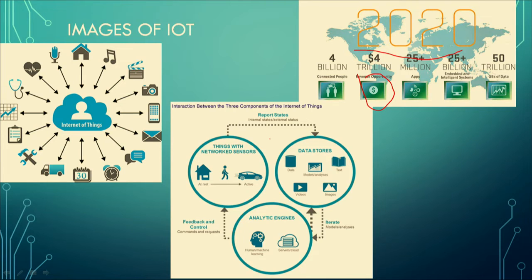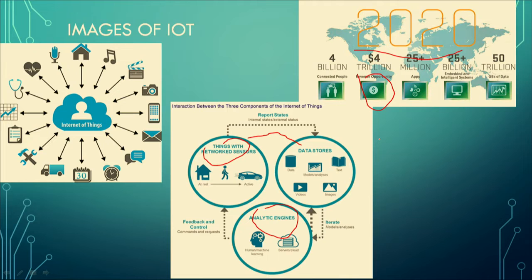As you could see here, the reports that all these sensors are going to send to be stored will be huge because the number of sensors around is going to be huge. So new analytic engines are going to be needed, to reflect good feedback to the control, and so that sensors send the right information to the data stores.